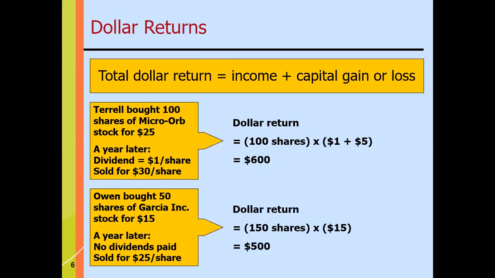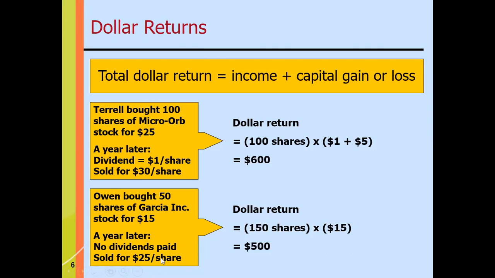Now, what about another example? So let's say Owen this time. So we have 50 shares of $15 each. This is the acquisition cost, no dividends paid. And then the selling price is $25 per share. So our computation now is 50 shares. It's not 150, it's 50 shares. And then it's to be multiplied by the difference.